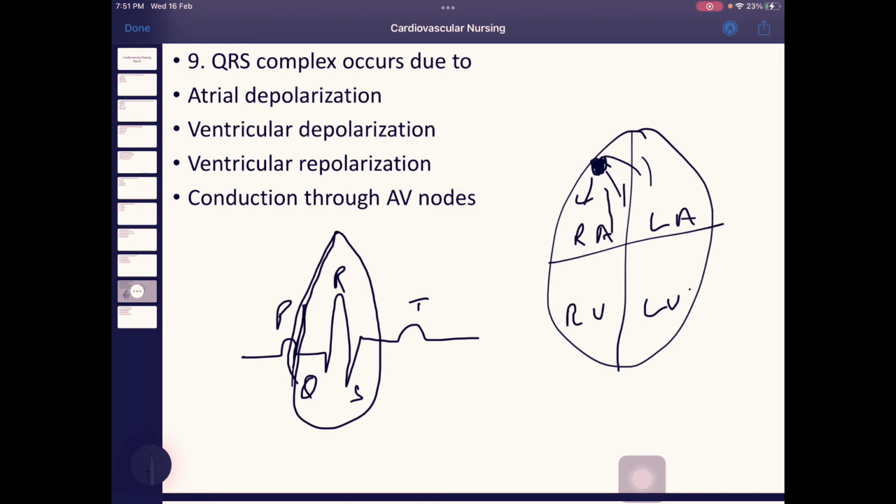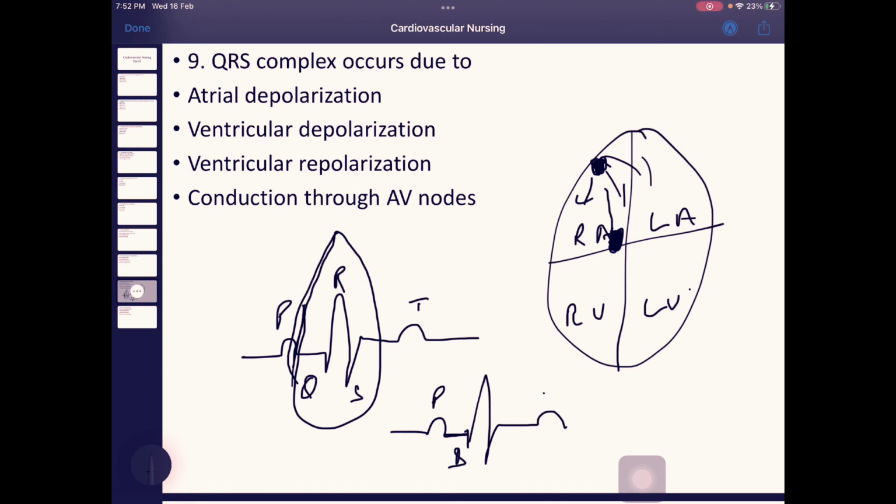This electrical activity reaches the AV node, which has other specialized cardiac cells, but conduction in the AV node is a little bit slow. So after the P wave we see a little bit of delay before the Q wave, because the electrical impulse passes slowly in the AV node.